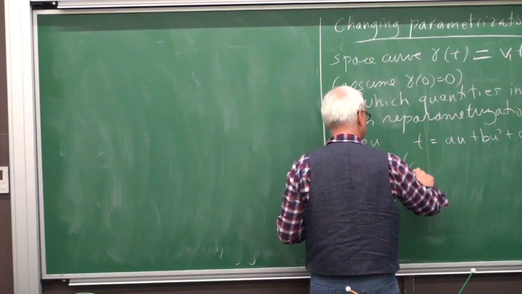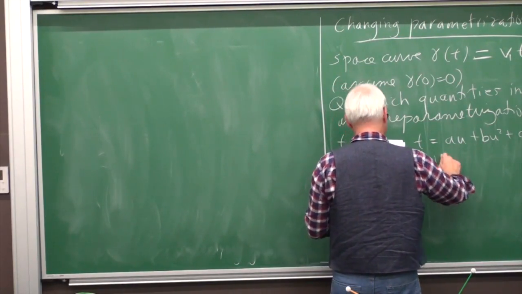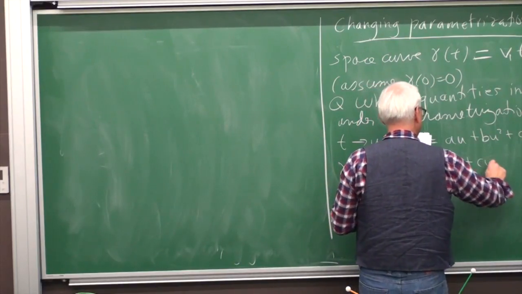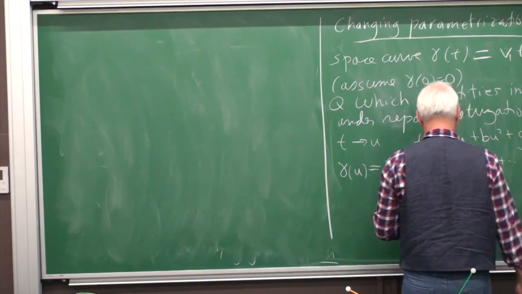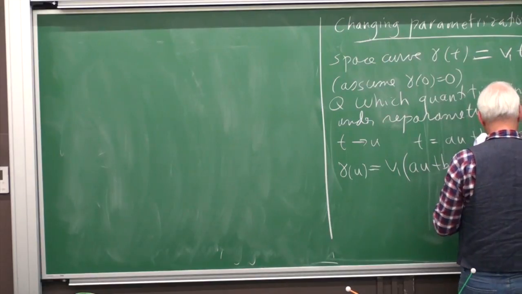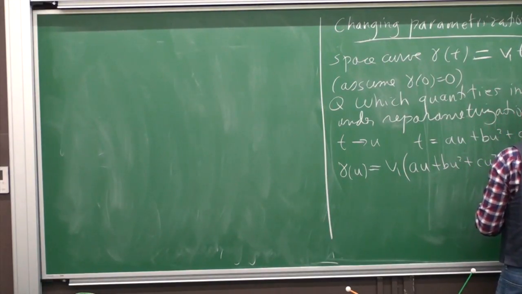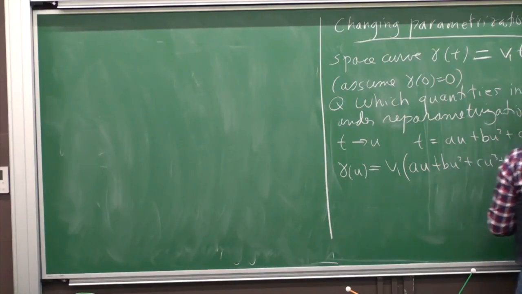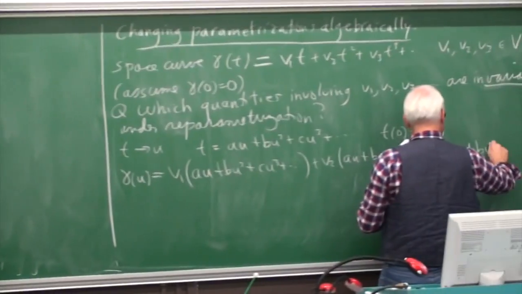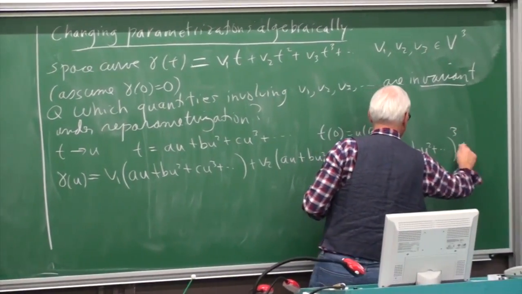So here is the expression for t. I'm just going to substitute a times u plus bu squared plus cu cubed, and so on. And then plus v2 times the same thing, au plus bu squared, and so on, all squared, plus v3 times au plus bu squared, and so on, all cubed, and so on.